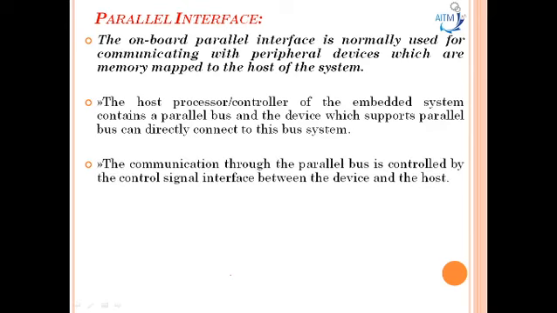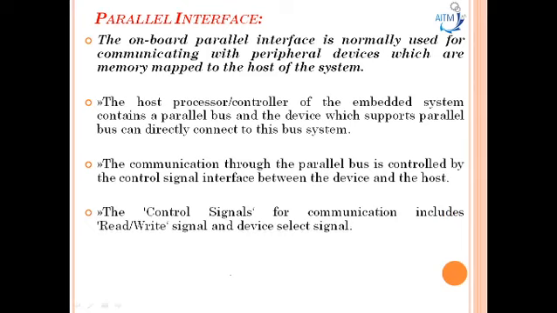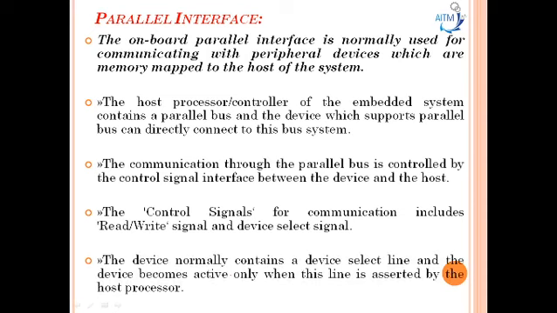The communication through the parallel bus is controlled by the control signal interface between the device and the host. The control signals for communication include a read/write signal and device select signals. The device normally contains a device select line, and the device becomes active only when this line is asserted by the host processor.